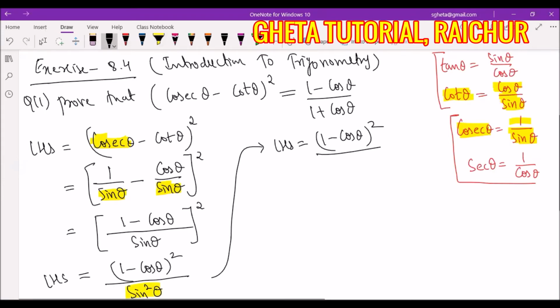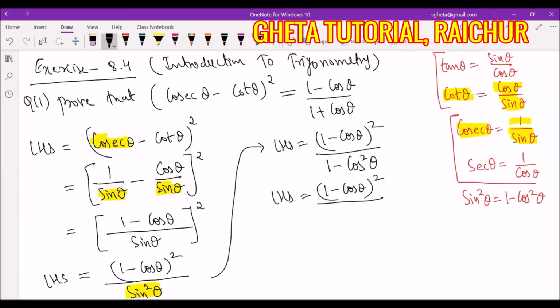Sin square theta, the identity you know: sin square theta we can write as 1 minus cos square theta. So I will write sin square theta as 1 minus cos square theta. 1 minus cos theta whole square, keep as it is, don't change anything in that.